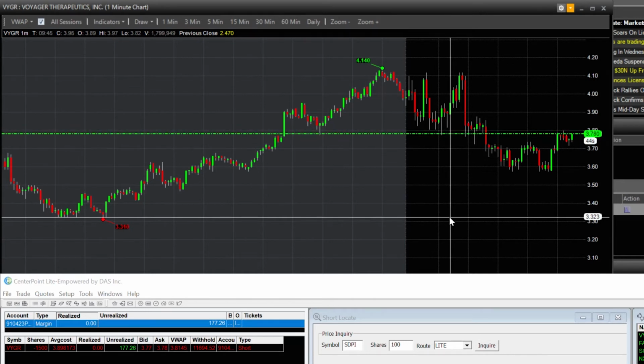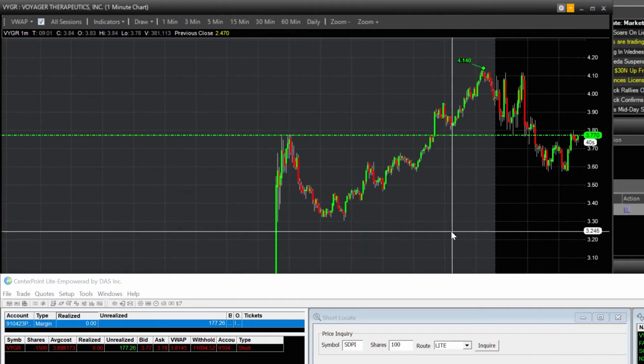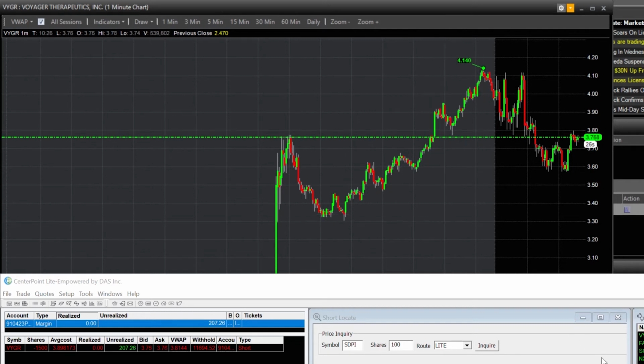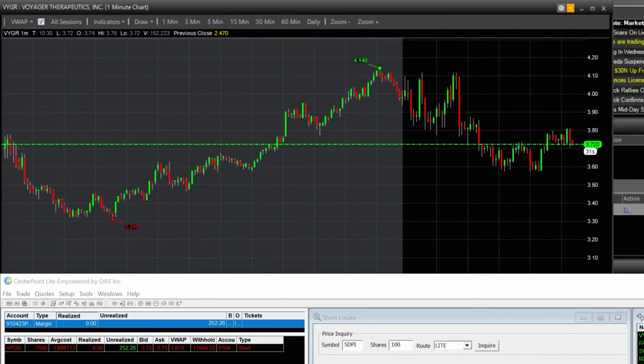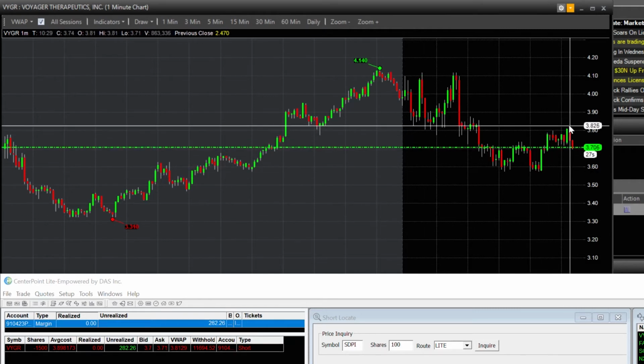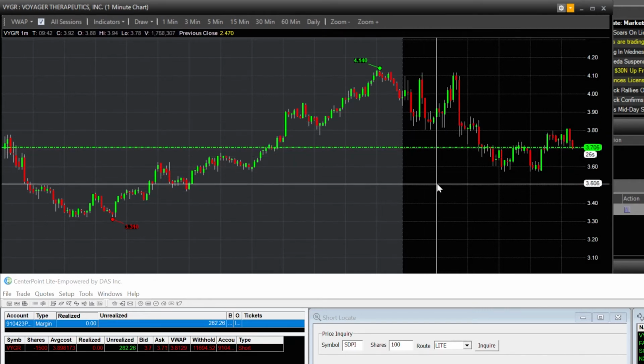Spiking. So market update, there is a bounce and now it looks like it's denying.